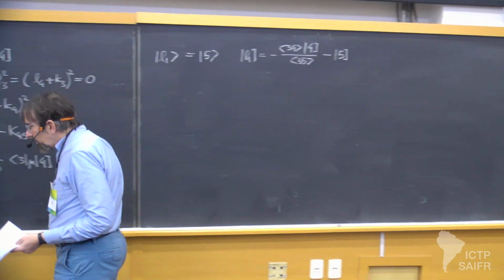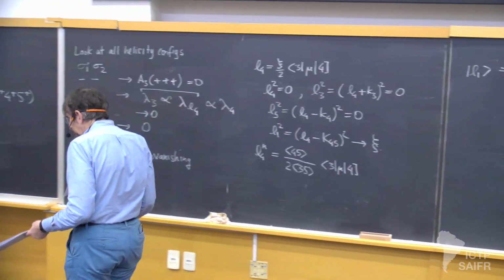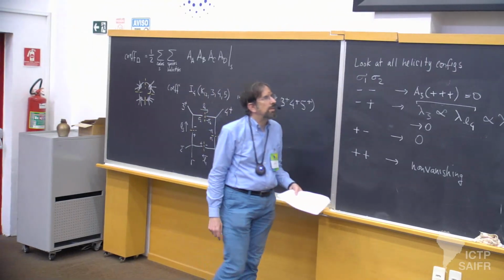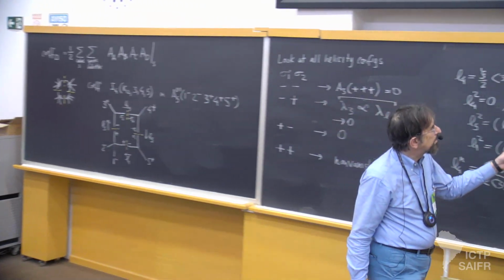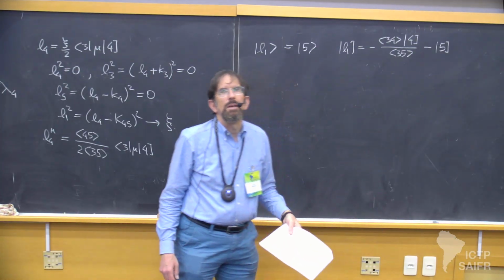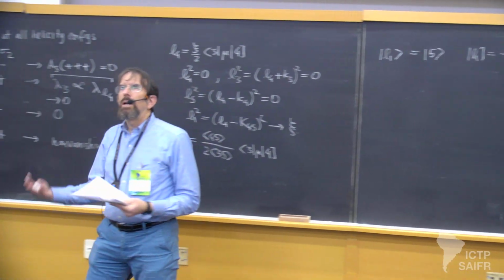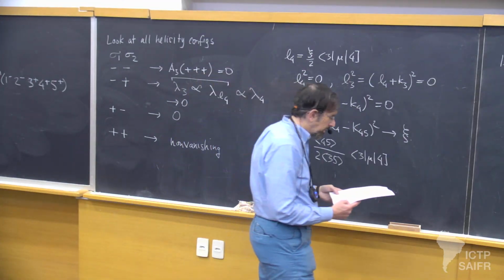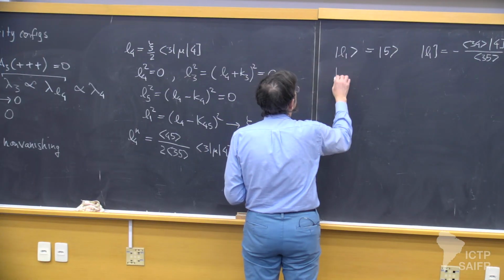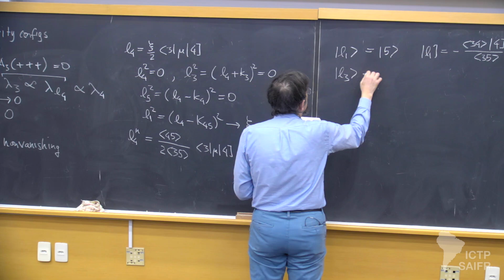So there's an ambiguity here in the overall normalization and certainly in the phase between the angle and the bracket spinor, because I could multiply this by something and divide this by the same something, but at the end of the day, it's not going to affect the result. And if you want, you can go back over this calculation later and check that explicitly.